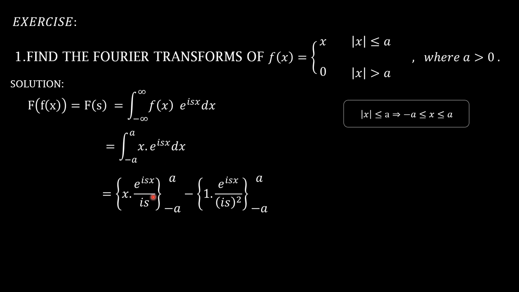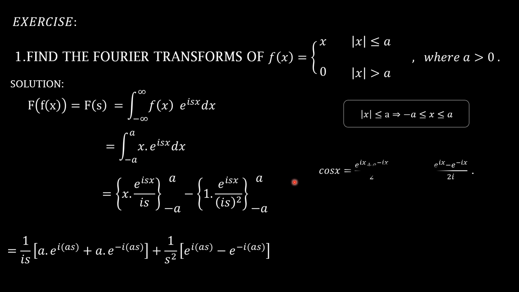It is e to the power isx divided by is, where the limits of x are varying from minus a to a, minus differentiation of x. What is the derivative of x students? It is 1 into integration of e to the power isx by is, that is nothing but e to the power isx divided by is whole square, where the limits of x are varying from minus a to a.